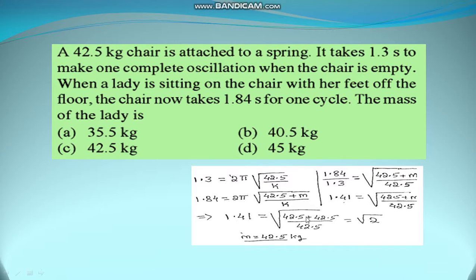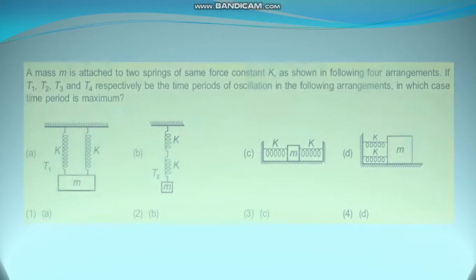So if I substitute here 42.5 instead of m, 2 times 42.5, that 42.5 cancelled and you will get root 2. But root 2 means what? 1.41. So LHS becomes RHS. So our answer 42.5 kg. So answer is C. Next question.